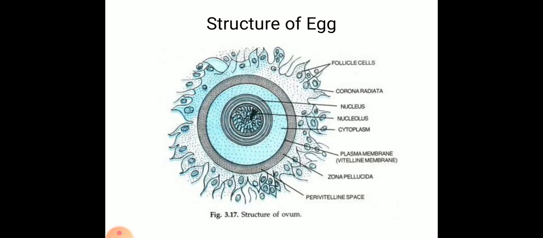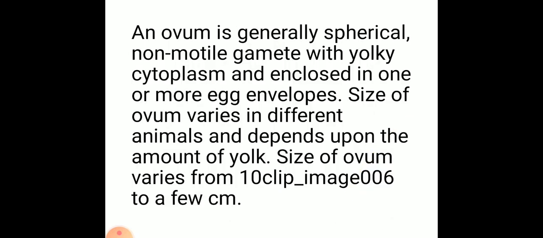Next we'll move to the next slide, which has an explanation. An ovum is generally spherical and a non-motile gamete. It cannot move by itself. It has yolky cytoplasm, meaning the cytoplasm contains yolk, and it is enclosed in one or more egg envelopes.